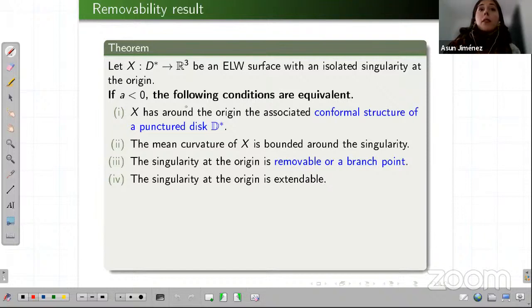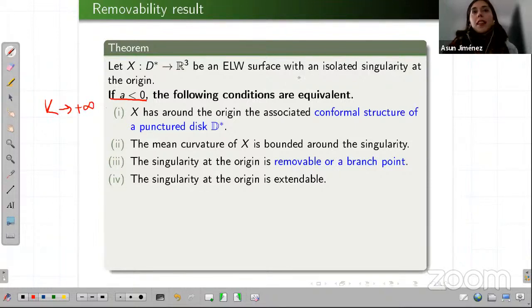The point is that we can prove, we start with the case when A is negative. You can think that when A is negative, in your head you can put that we are dealing with convex surfaces. This is the case when the Gaussian curvature blows up to plus infinity.